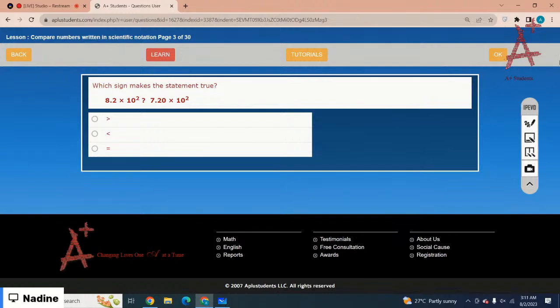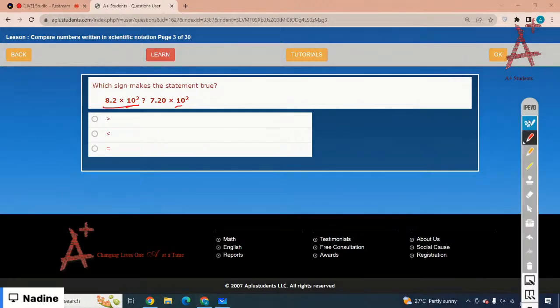So you have to compare the numbers. Here you have 8.2 and 7.2. Just look at the decimal portion. 8 is greater than 7, right? That means 8.2 times 10 exponent 2 is greater than 7.2 times 10 exponent 2. The correct option is greater.